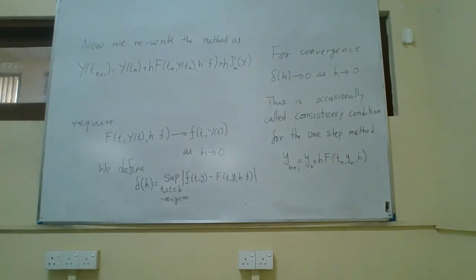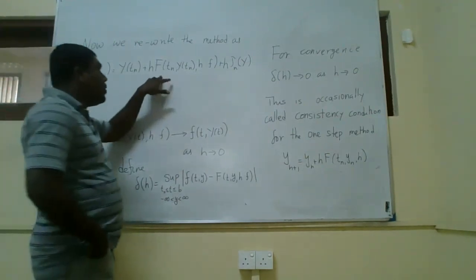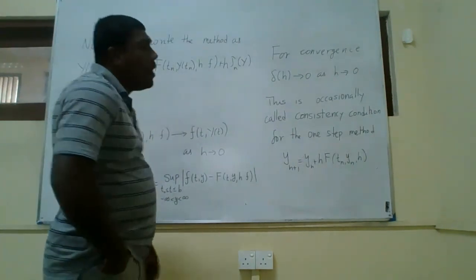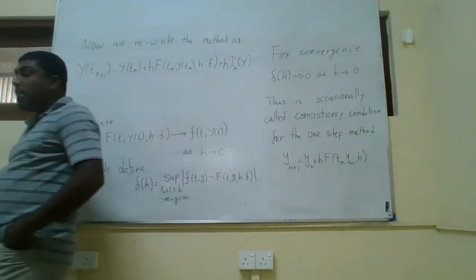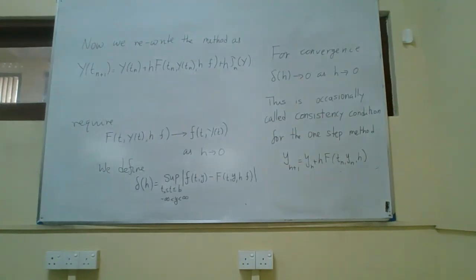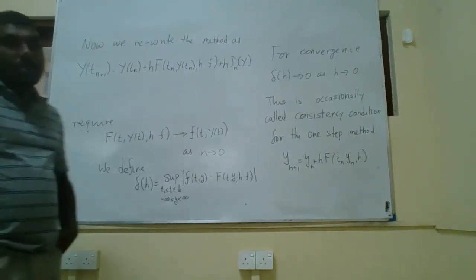So we are going to revisit the Lipschitz condition here. And if we assume that this big F satisfies some kind of Lipschitz condition, then we can try to develop some kind of convergence result. So that is one of the primary ways to develop a convergence result.